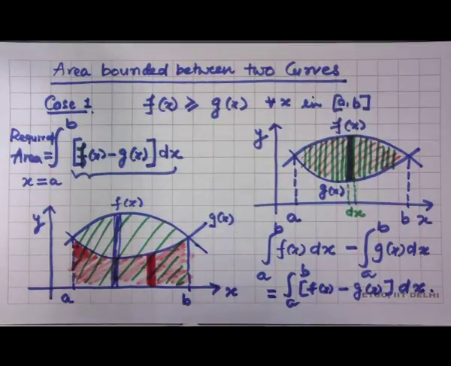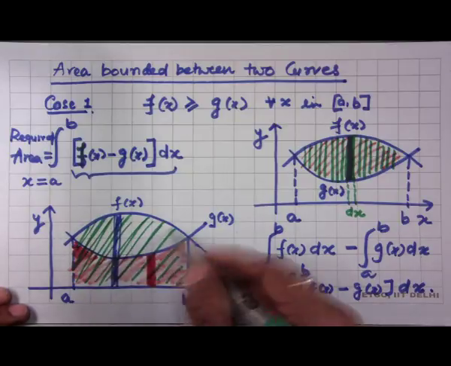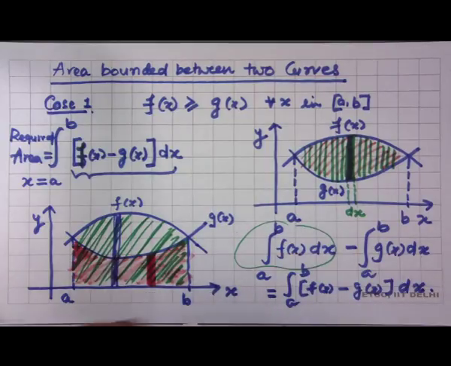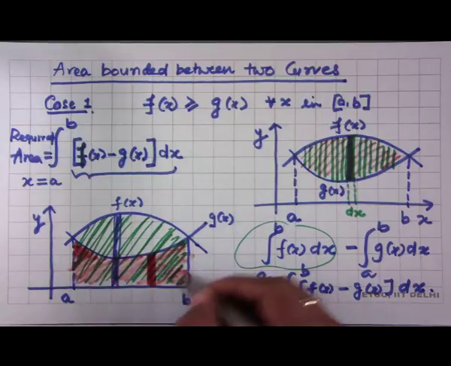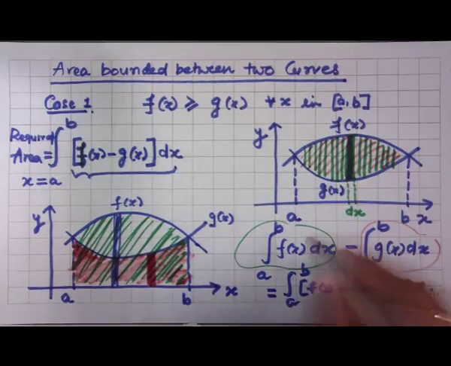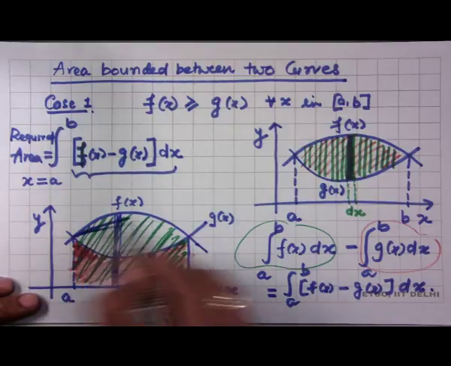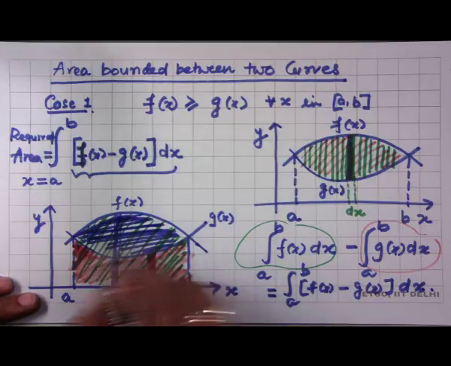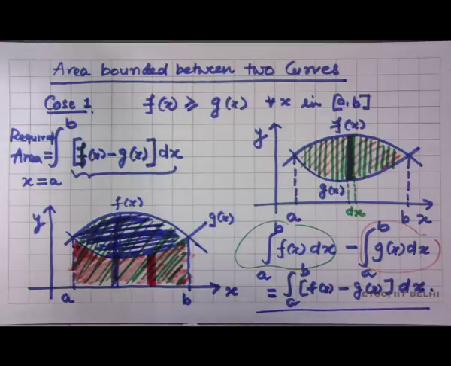We have computed first the green shaded area, which is given by this integral, and then the red shaded area, which is given by this, and if we subtract, we get the required area shaded by blue, and so we get this formula finally.